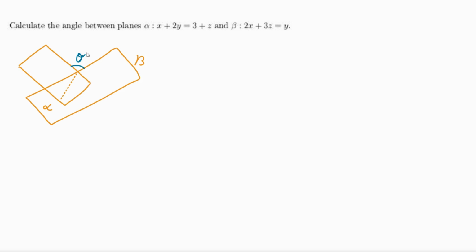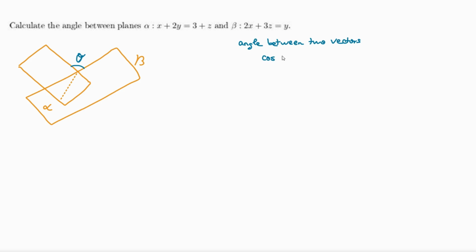Okay, theta. So how do we calculate the angle? Well, so far we only know a formula involving angles, and that is the one related to the dot product. So the angle between two vectors is given by the following formula.